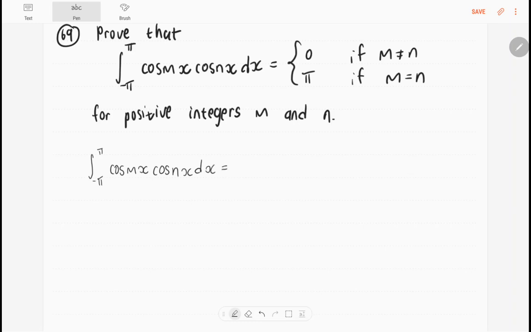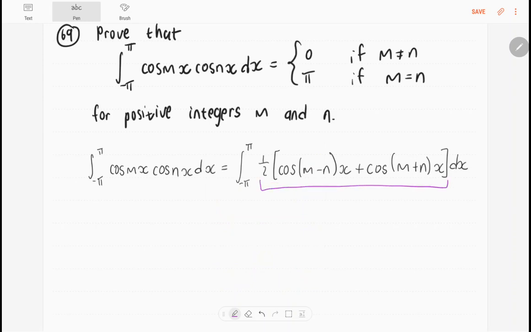We can write that as the integral from minus pi to pi of a half times cos of (m minus n)x plus cos of (m plus n)x dx. So where does this come from again?